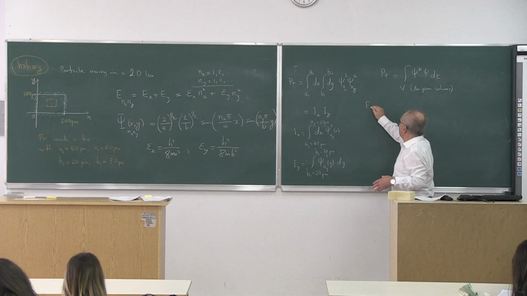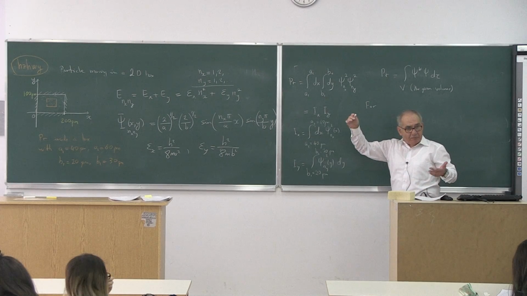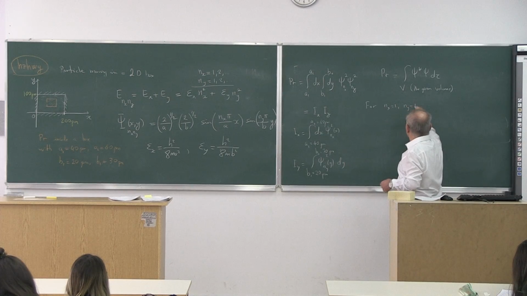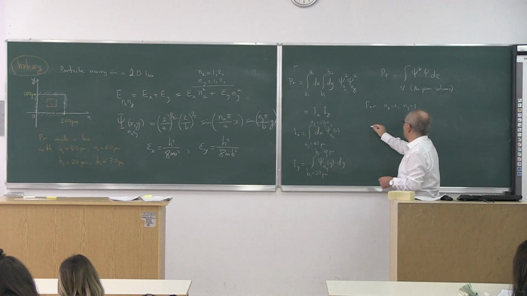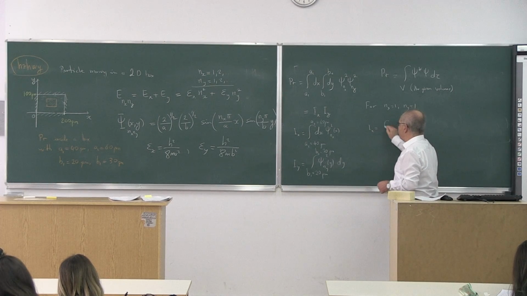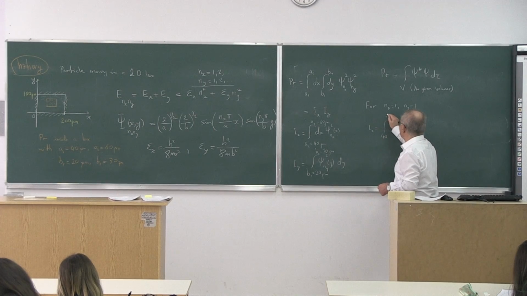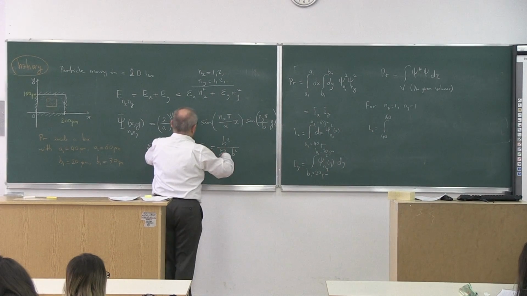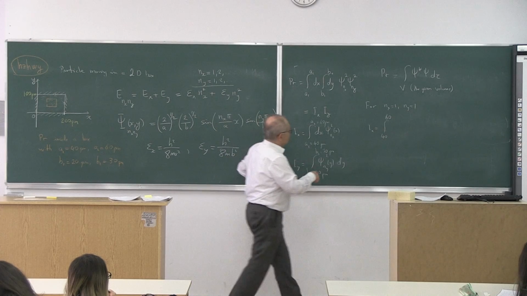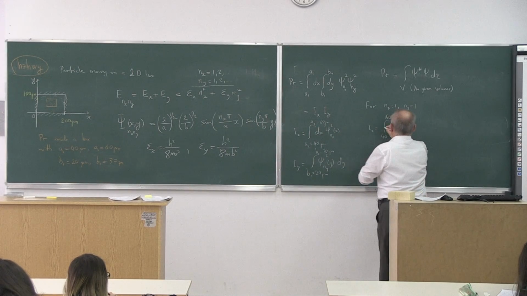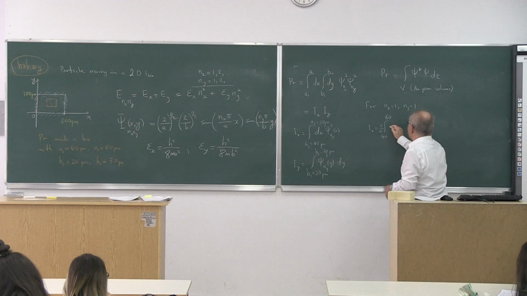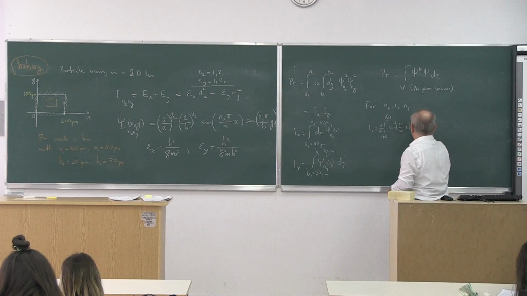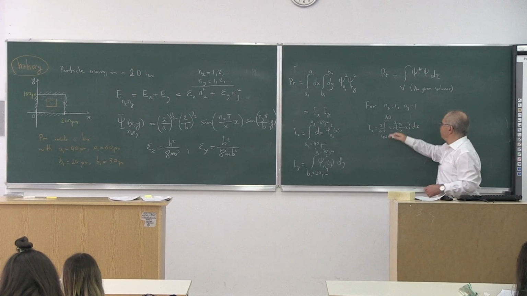Now, for the ground level, the x factor is 40 to 60. 2 over a times sine squared of pi over a x. This is our expression.